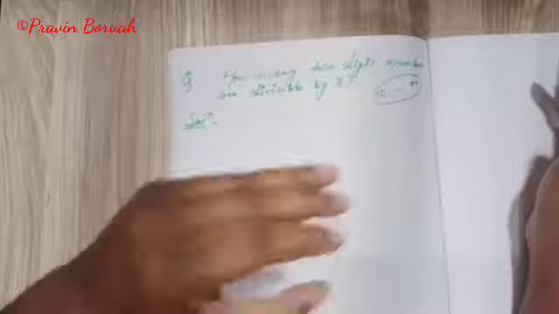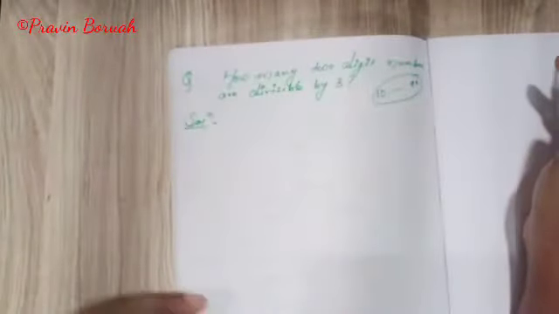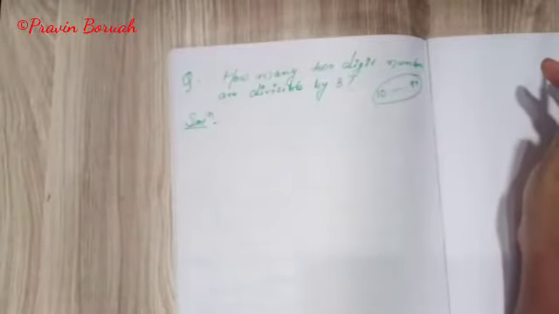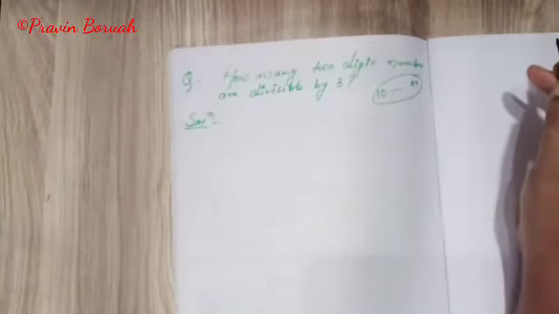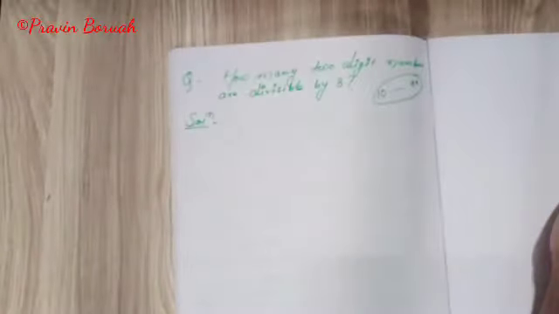That you have to find out. If you take out your pen and pencil and divide the numbers one by one, it will take a very long time, more than 1 hour.